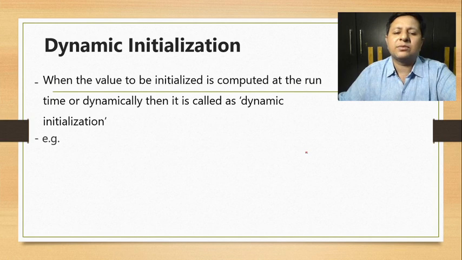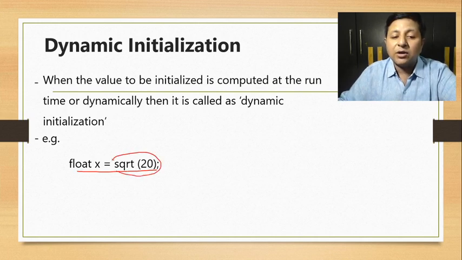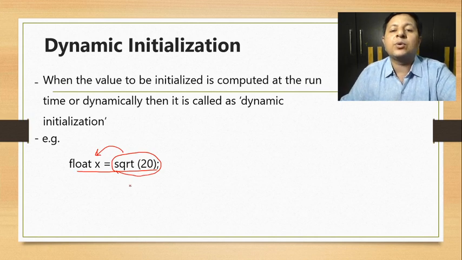Let's look at the example. You can see float x is equal to sqrt 20 is again an initialization, because we are declaring and assigning a value. But the value which is to be initialized here is not available unless the program starts and executes it.